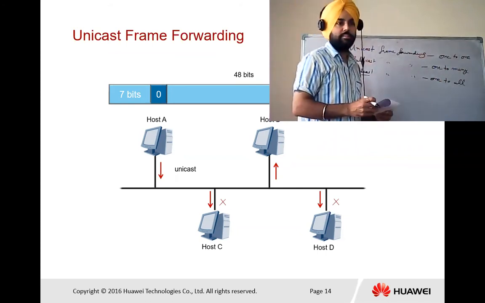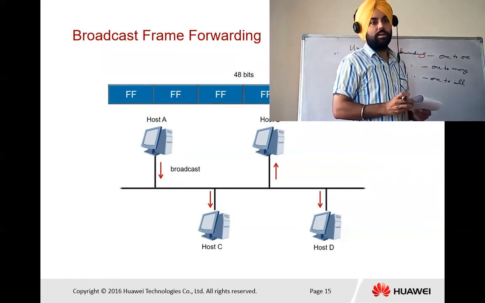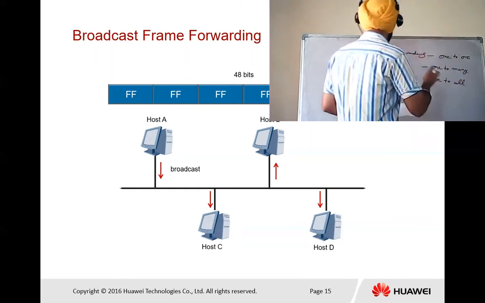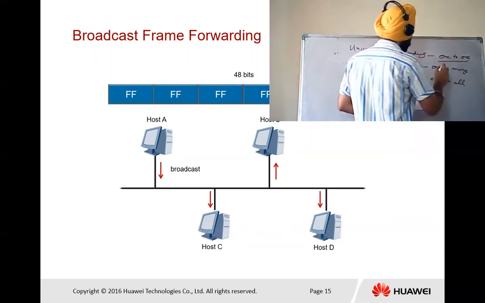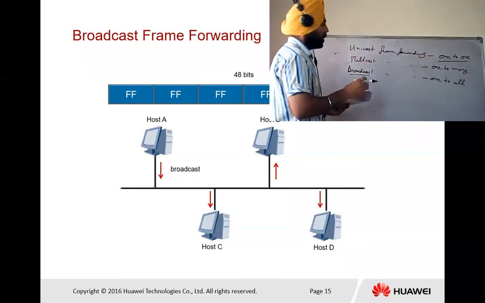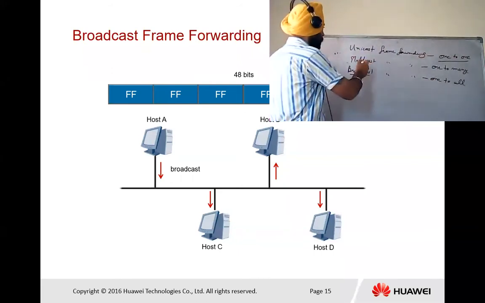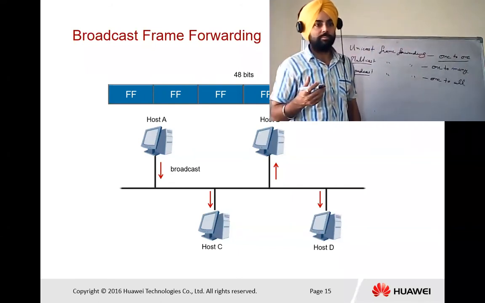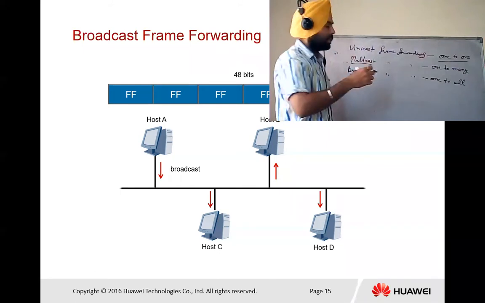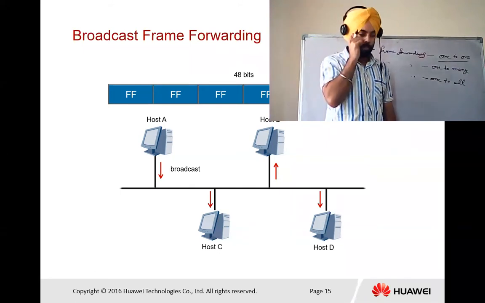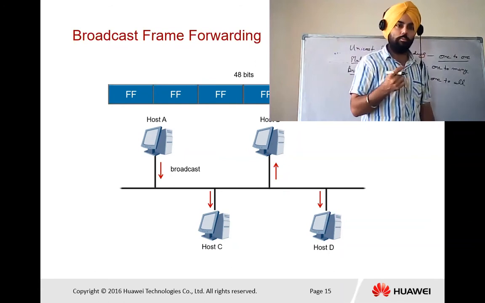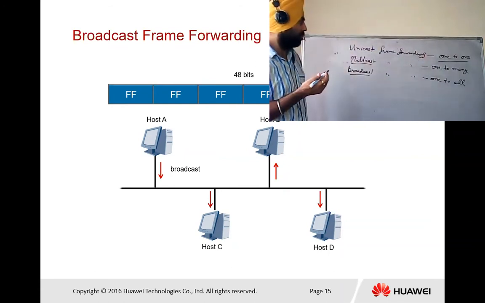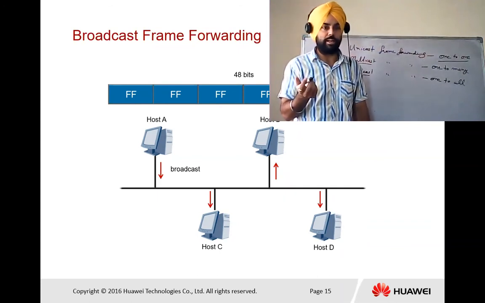So next we have broadcast. Unicast is specifically for one-to-one communication, where you are directly connected with your destination. Multicast means one to many, not all. Broadcast means one to all. What is the best example for broadcast? The best example is when you don't know your destination's MAC address.